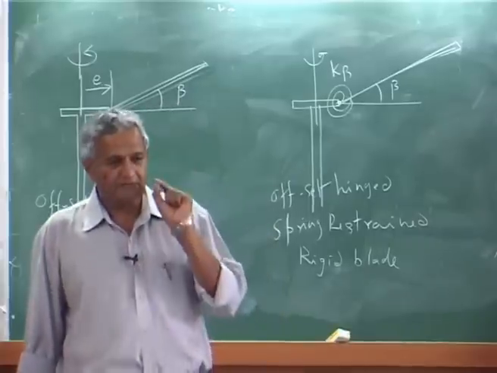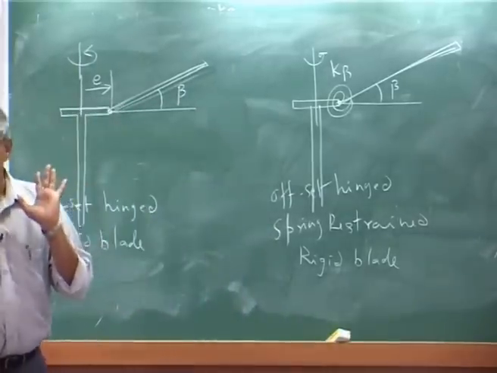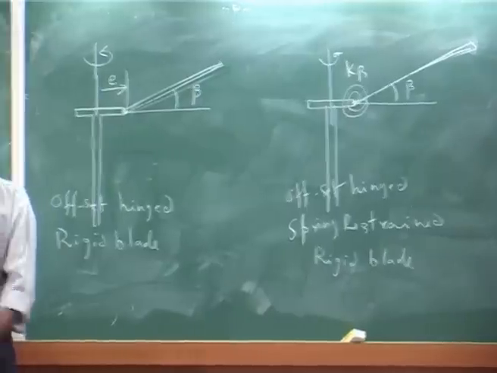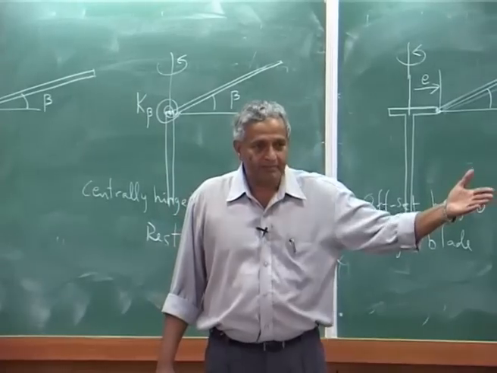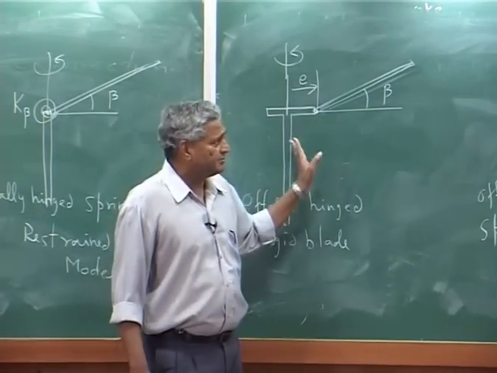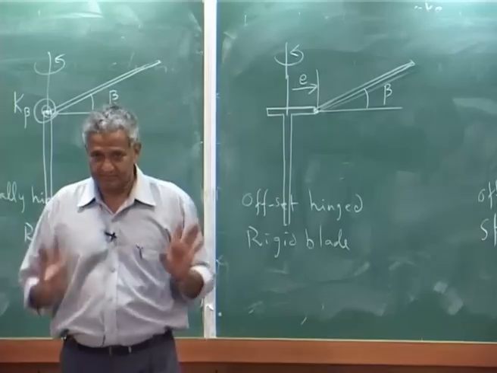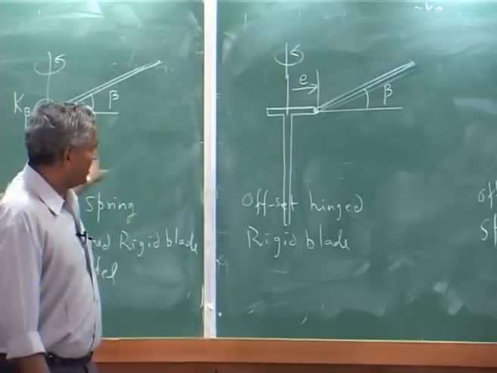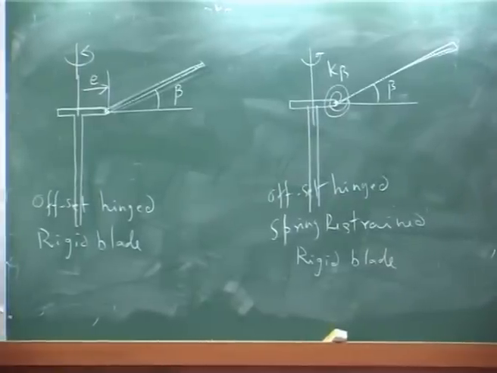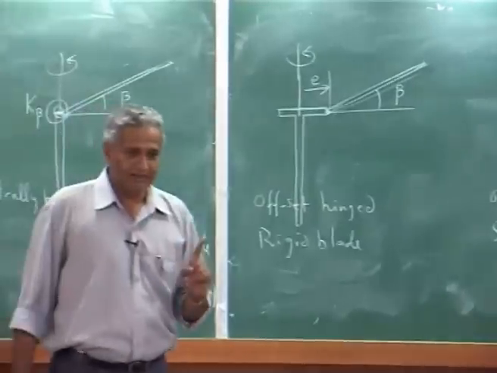You are looking at the fundamental frequency. And then the fundamental of whether it is a hinged blade or articulated blade will be like this. All of them you try to match. So all these models represent only the first frequency of the blade in flap.